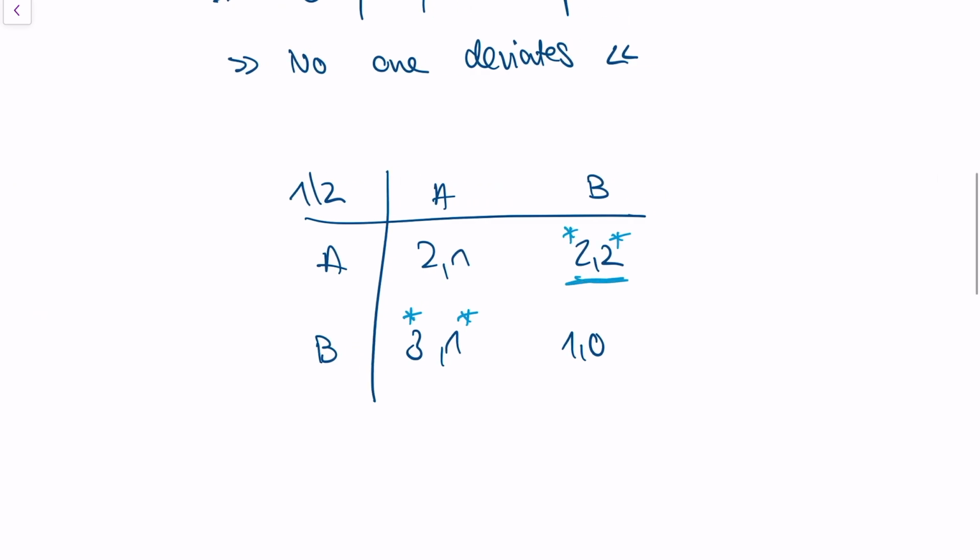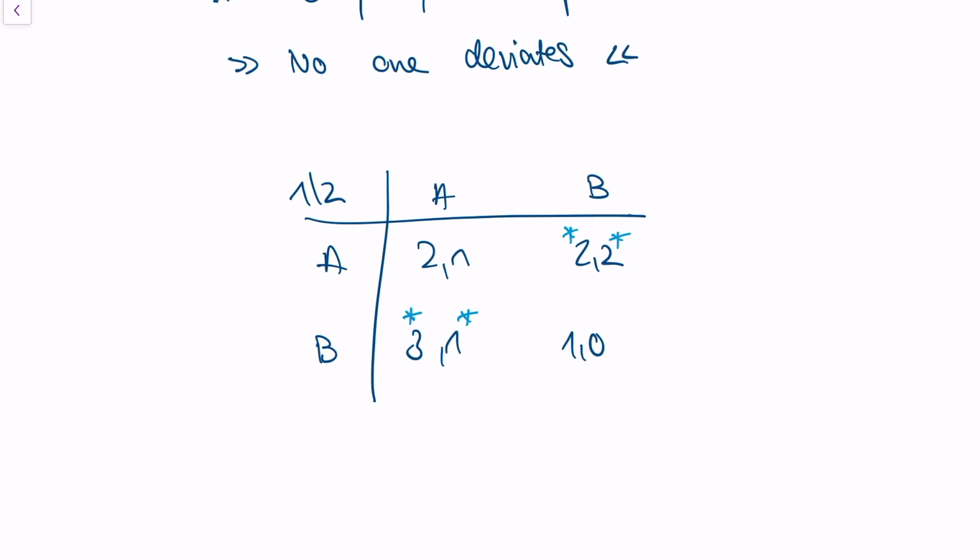So let's say as player 2, I know that player 1 is playing A. What do I mean with I don't have the incentive to deviate? Well, as player 2, I don't want to play action A now, right? Because I only get a payoff of 1 in action A, and I actually get a payoff of 2 in action B. So player 2 has no incentive to deviate from this situation.